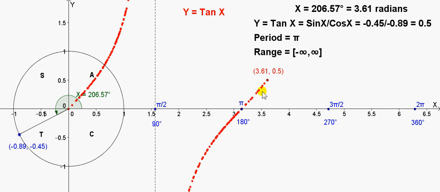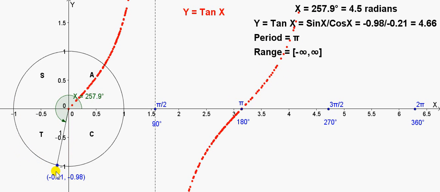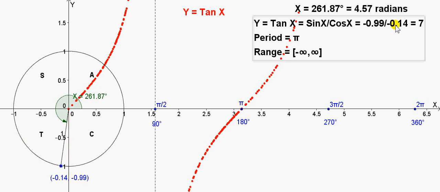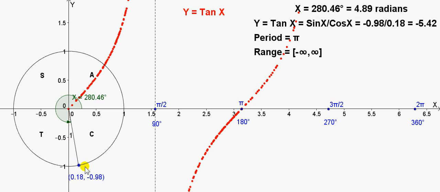We're dividing two negative values and it's going to keep on increasing towards plus infinity as x approaches 270 degrees. We can see that we're approaching division by 0 in this ratio here. Notice that we're going to be switching to negative values now as we increase x.